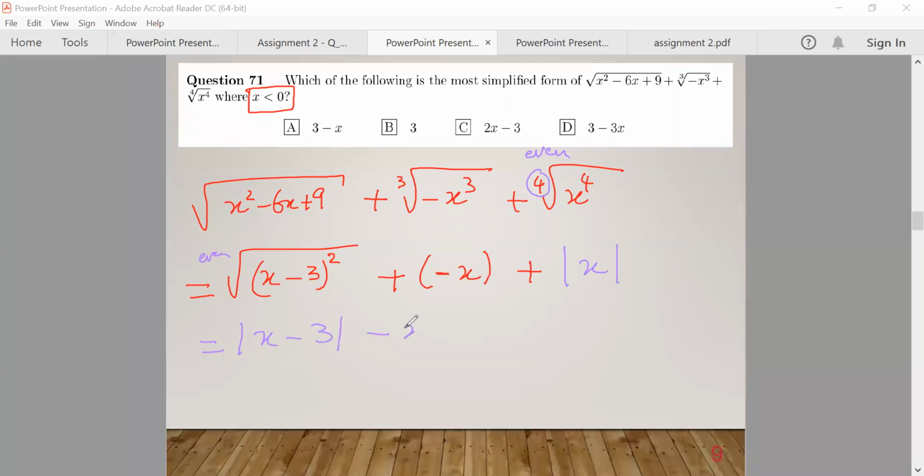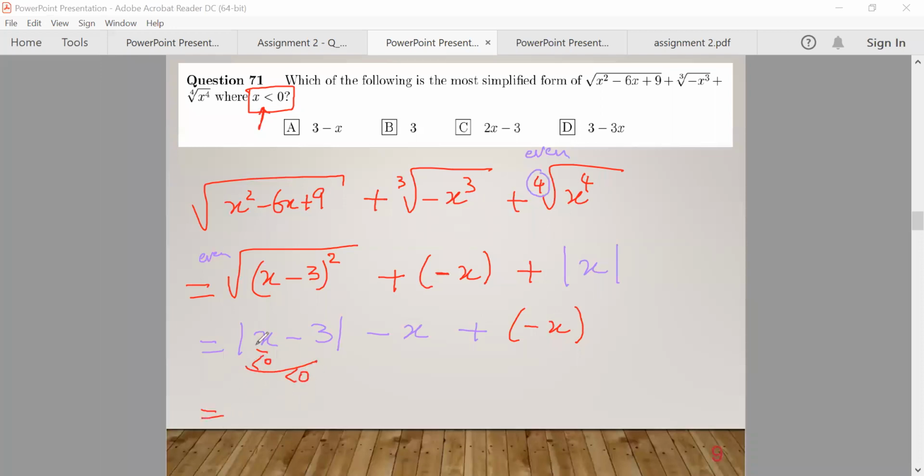Plus minus x, plus. What about the absolute value of x? Here we use the information we have. X is negative. We said when x is negative we remove the absolute value and change the signs. Here x is negative, and subtracting 3 from it, the result will be negative.